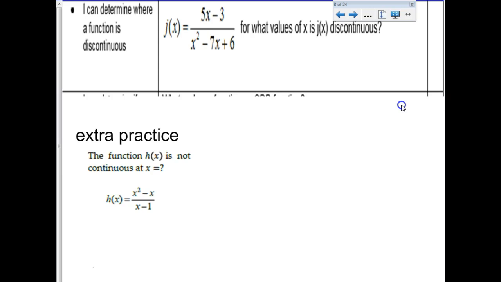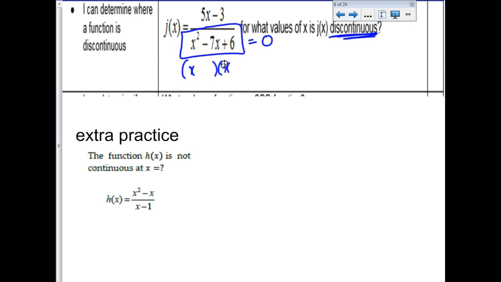Okay, old topic still. When is this discontinuous? So remember, for a rational function, the only place it's discontinuous is when your denominator comes out to 0. Because we know we can't divide by 0. So previously, the question on your test was really easy. It was like a linear piece, but this is a quadratic piece. So choose your favorite method of solving a quadratic.